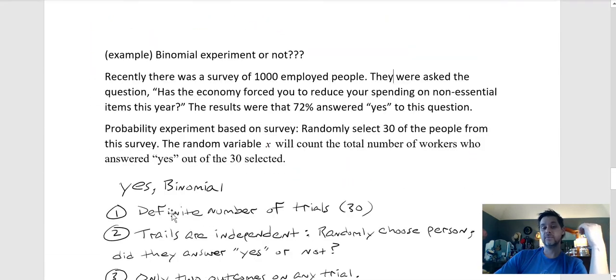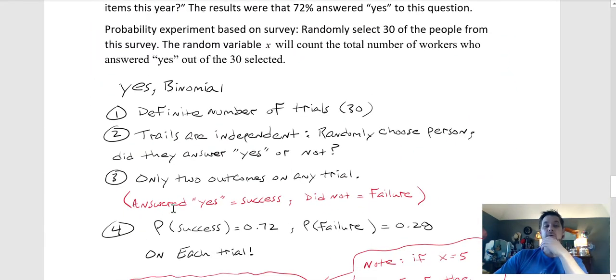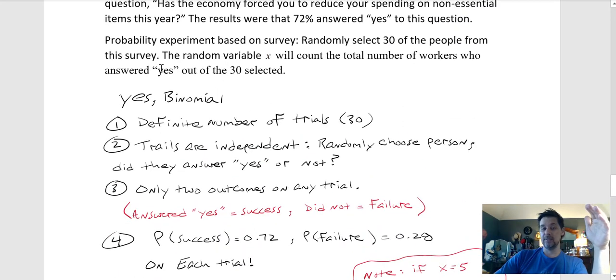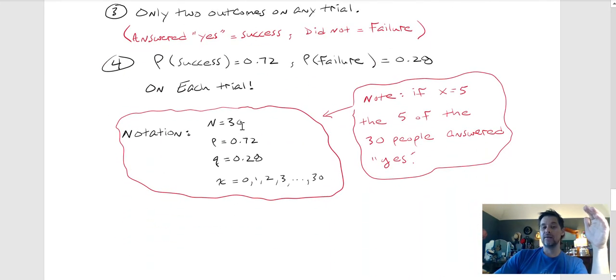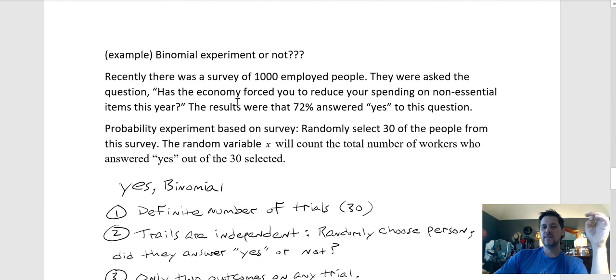So here's what we would do. I would say, okay, yeah, this is a binomial experiment. There are 30 people randomly selected. Because the original survey said that 72% of the 1,000 answered yes to the question, then any one of those people has a 72% chance of having said yes.